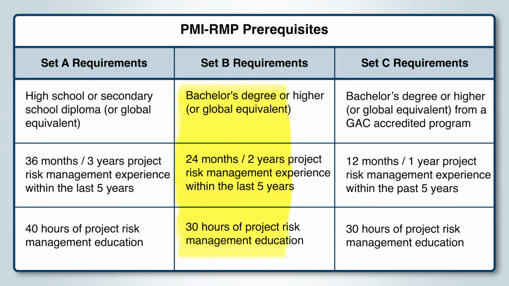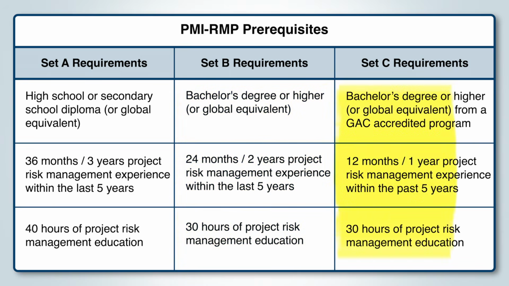The Set B requirements start with a bachelor's degree or higher, or a global equivalent, 24 months or 2 years of project risk management experience within the last 5 years, and 30 hours of project risk management education.